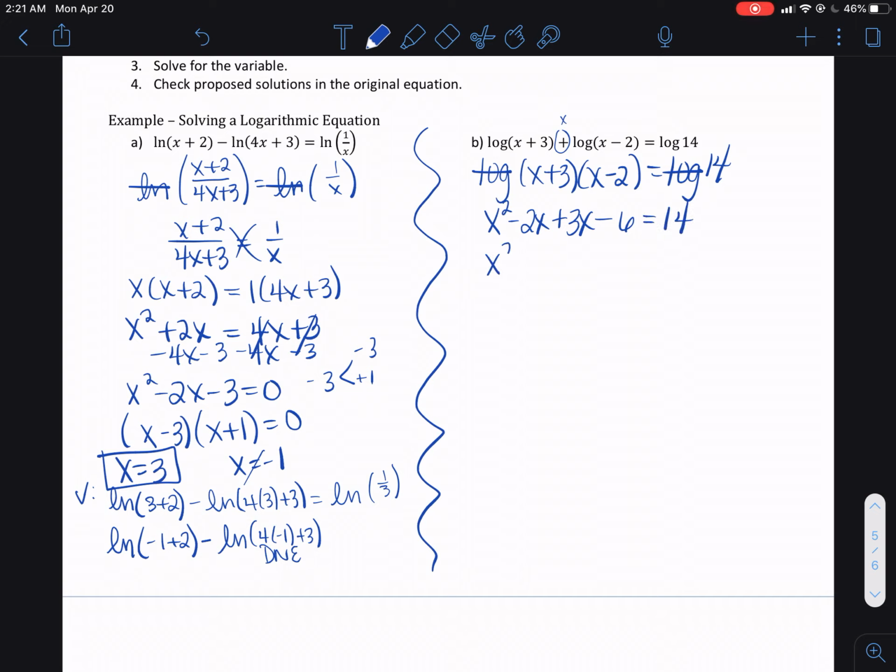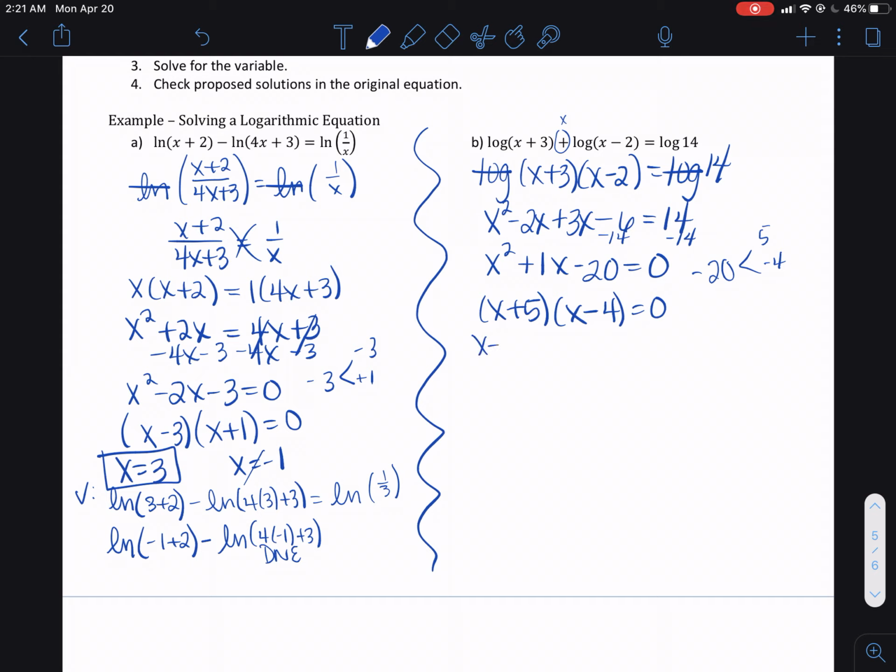So we have x squared plus 1x. I'm going to go ahead and subtract this 14, so we're equal to 0. So minus 20. And then factors of negative 20 that add to be 1 would be 5 and negative 4. So we get x plus 5 times x minus 4 equals 0.